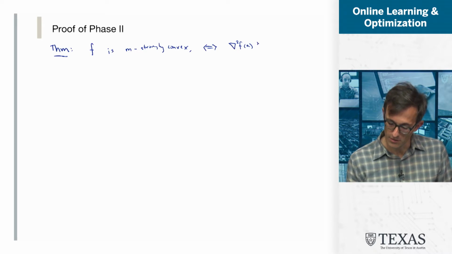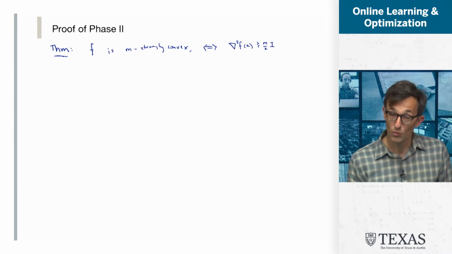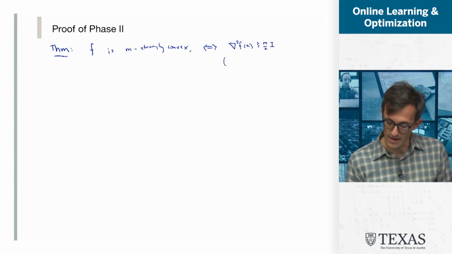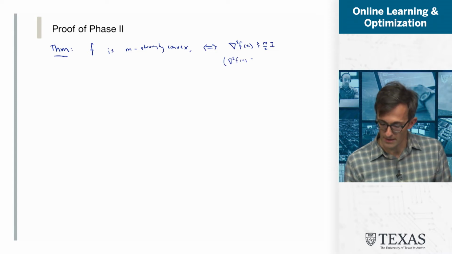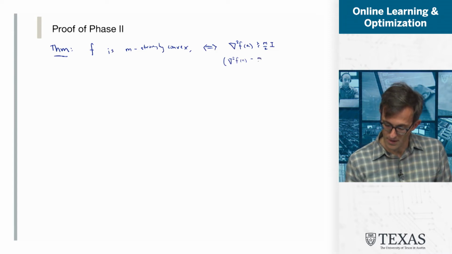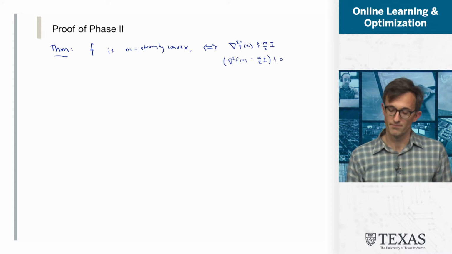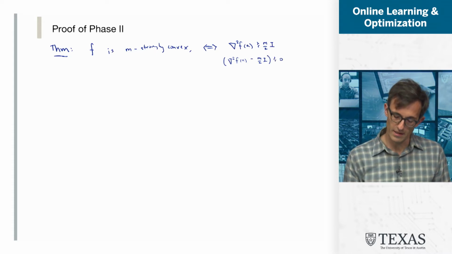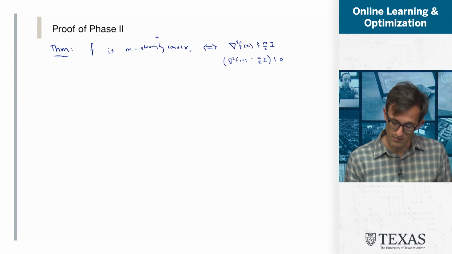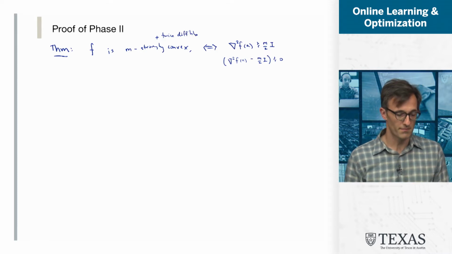And in notation, I can write it like this, which is exactly the same as writing that the matrix equal to the Hessian minus m over 2 times I is positive semi-definite. So strong convexity, plus twice differentiable, is equivalent to this condition.